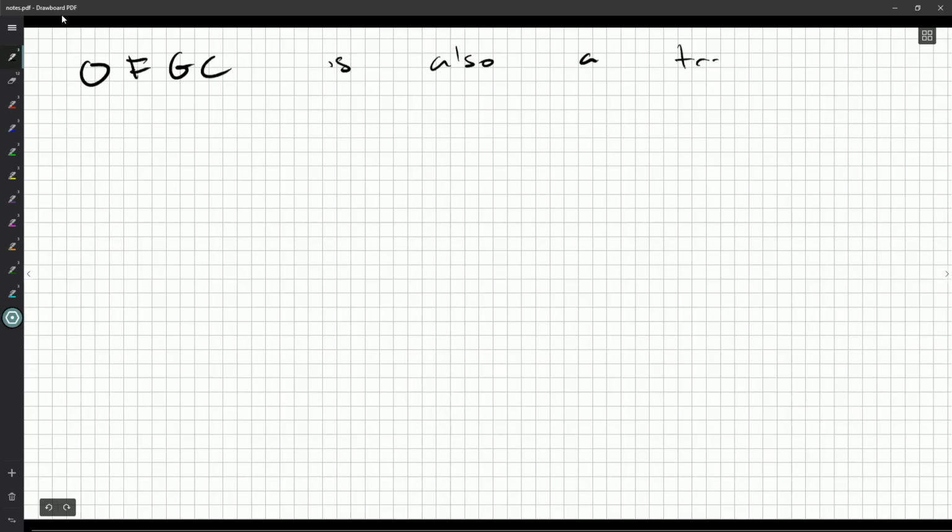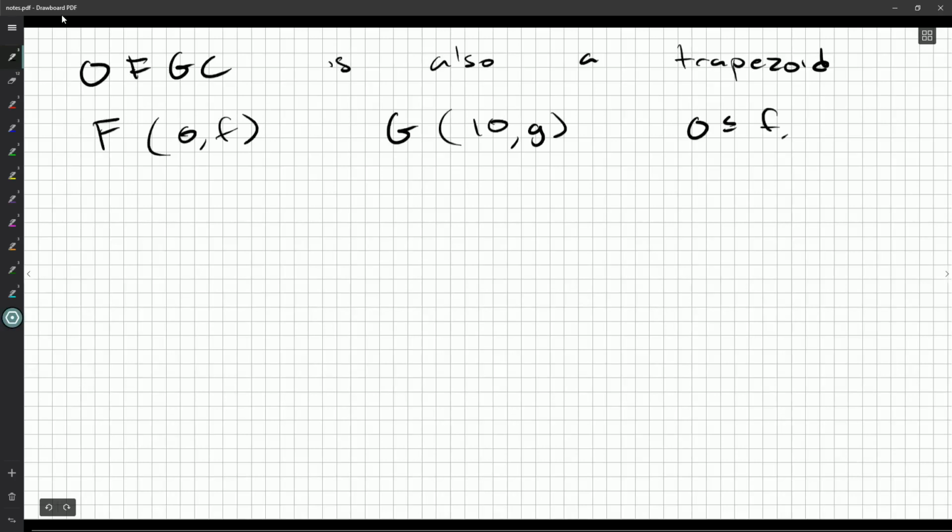Now, OFGC is also a trapezoid. And we'll say F has coordinates 0, f, and G has coordinates 10, g. And f and g are both between 0 and 6. Not that I think this will actually impact us at all.